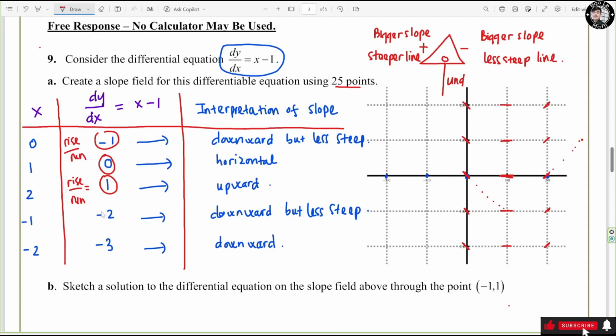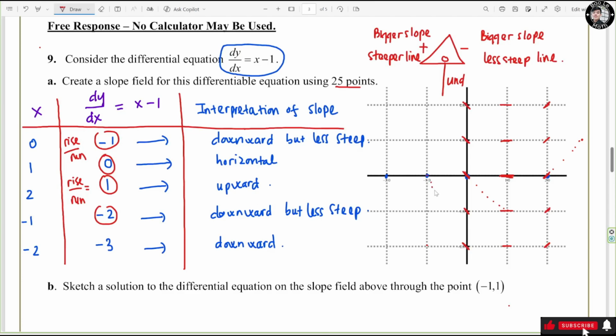Now next one, -2 when s equals -1, right? So rise equals -2 and run equals 1, right? So right at -1 right here, rise is equal to -2, so go down by 2 and go to the right by 1.